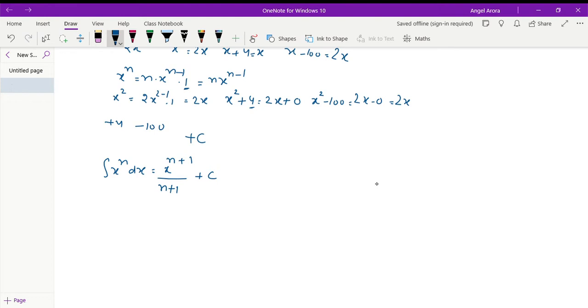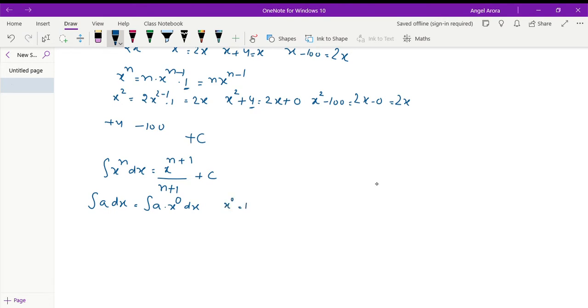Okay, let's take an example. Suppose we want to calculate the integral of a dx. a is a constant here. We can also write it as the integral of a into x raised to 0 dx. We know that any number raised to 0 is equal to 1.